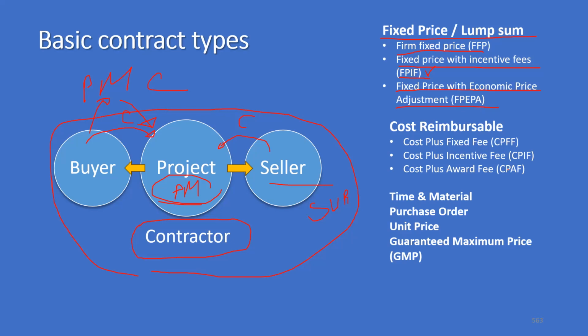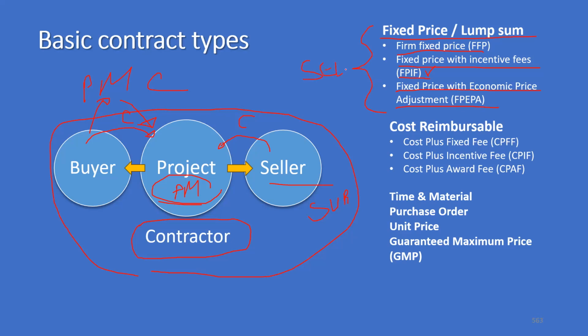So we have to ensure that it is a win-win situation between the buyer and the contractor and the subcontractor and the sellers. If any of these things gets disrupted, then that will have a major impact on the project. So here the key takeaway is, in all fixed price contracts, the cost risk is on the seller.